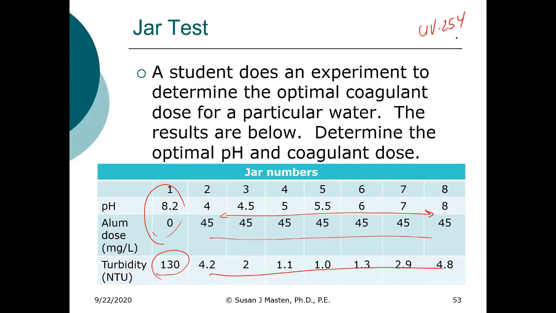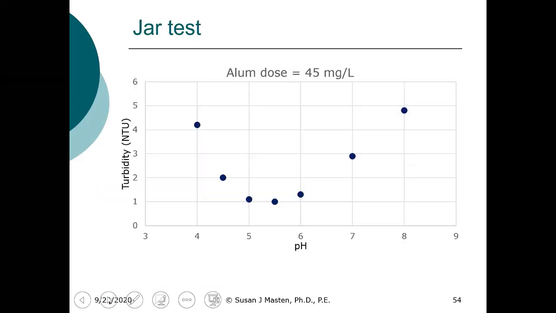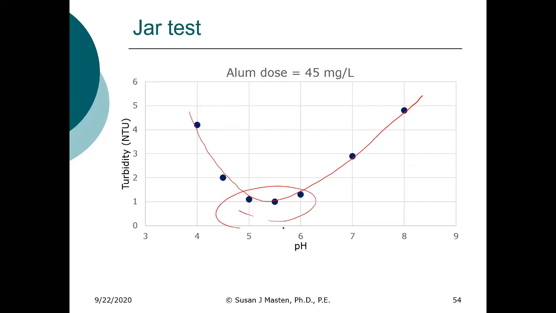And what we see here is we have varying turbidity. We can plot that here, and you can see what we have is a typical curve that looks like this with a minimum value. So what we know here, okay, this is the residual turbidity.